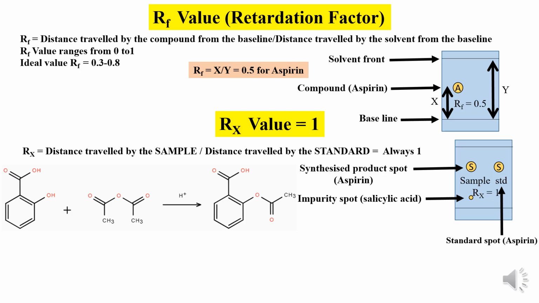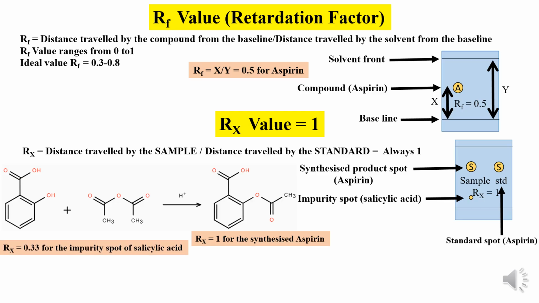So the Rx value for the synthesized aspirin was found to be 1, whereas the Rx value for the impurity spot, salicylic acid, was found to be 0.33.